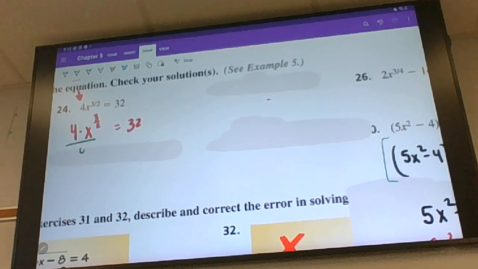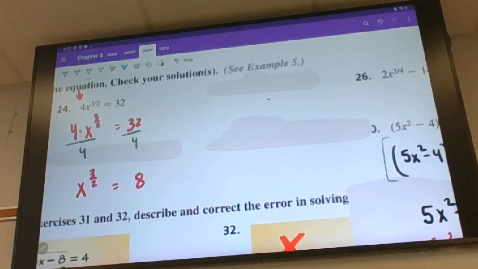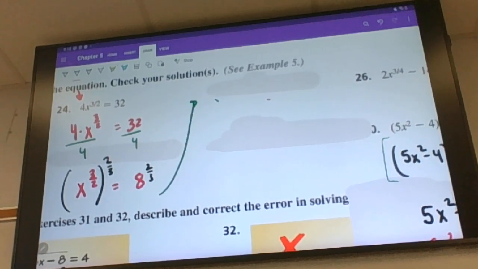So I would divide by 4. So that's x to the 3/2 equals 8. Raise both sides to the 2/3. And we get x equals 8 to the 2/3.